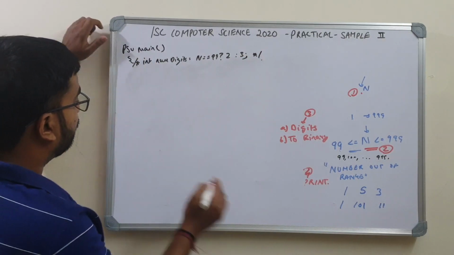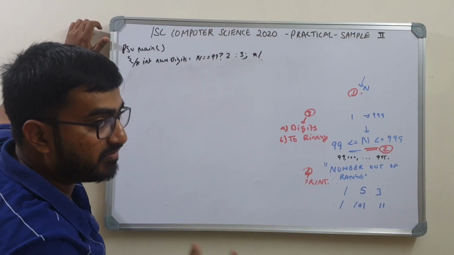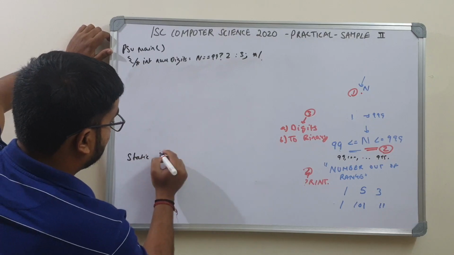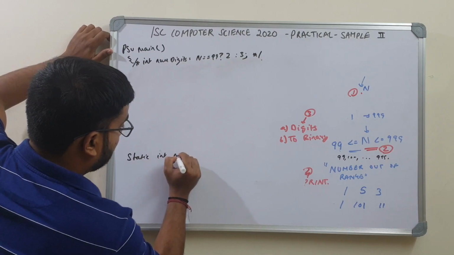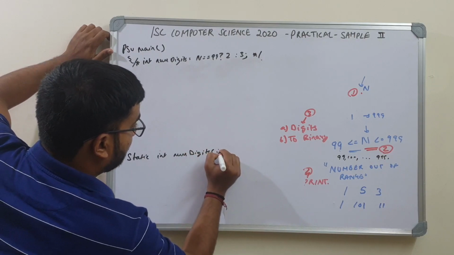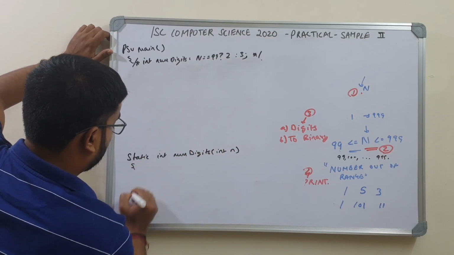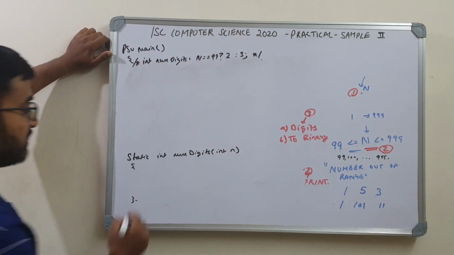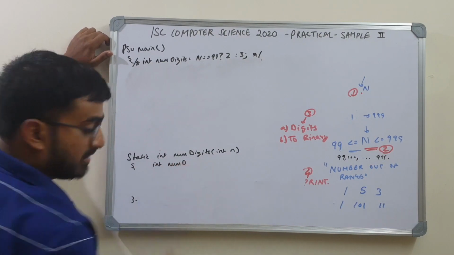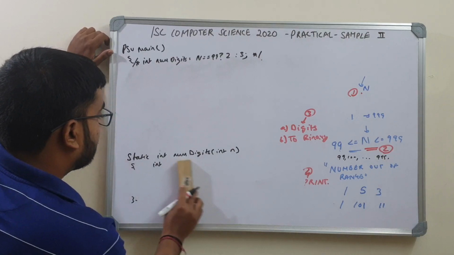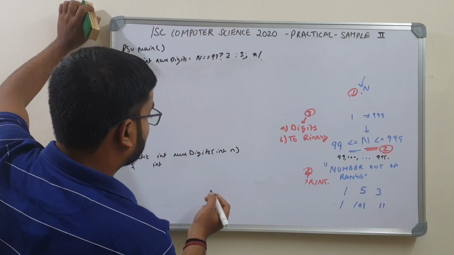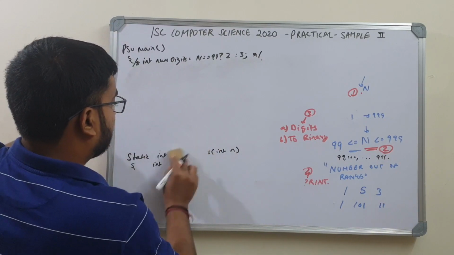Alright, so we can write another method to find the number of digits. static int, I'll say int n. Basically, this is the variable name, and the function I'm going to call get num digits.